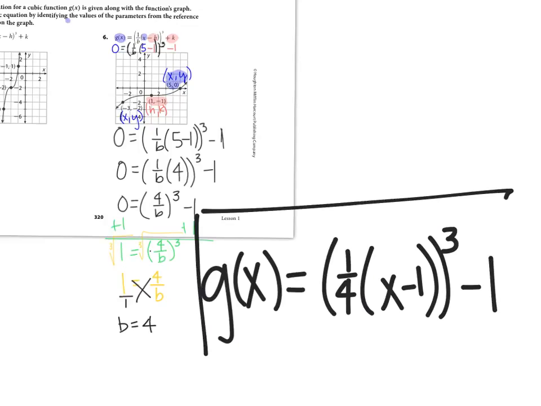That is our final function. Remember, when we're writing our functions, we want to write it so that it describes the whole function. That's why we leave x and g of x there, because that represents all the x values, not just an x value. If we plugged in 5 and 0, we'd be saying it only represents one point, but it represents every point.